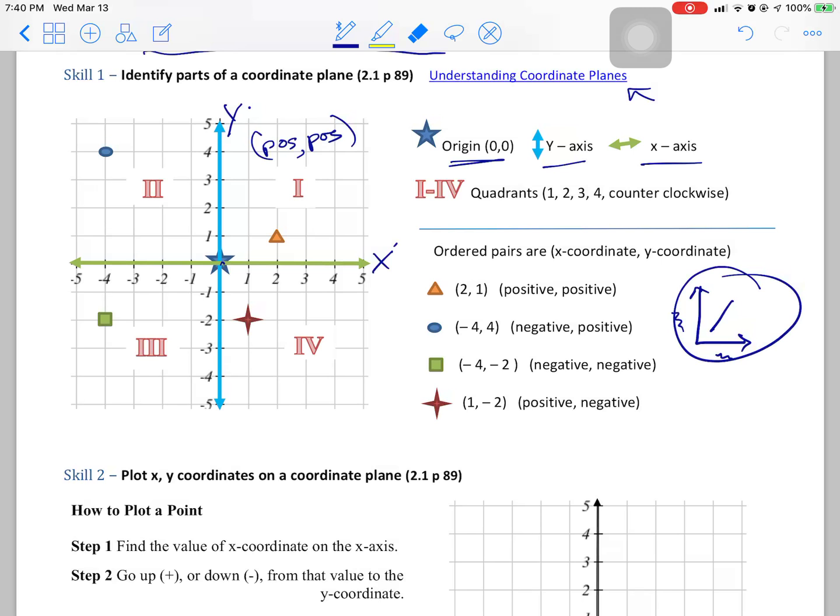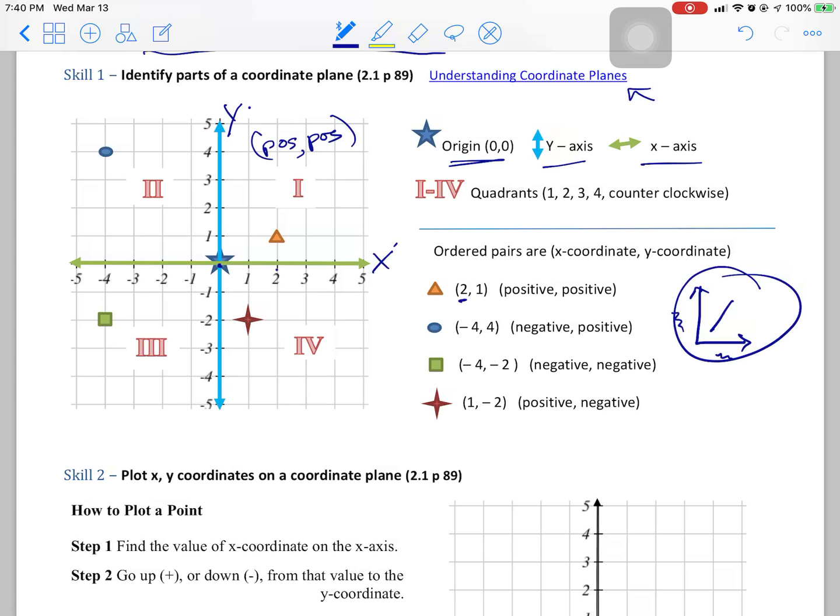And then this little point right here, you would call it (2, 1). Now, I've seen a lot of people draw all these lines all over there, but I would avoid that. You want to hover your pencil. You're always starting at the origin, (0, 0), going over to whatever the x is.